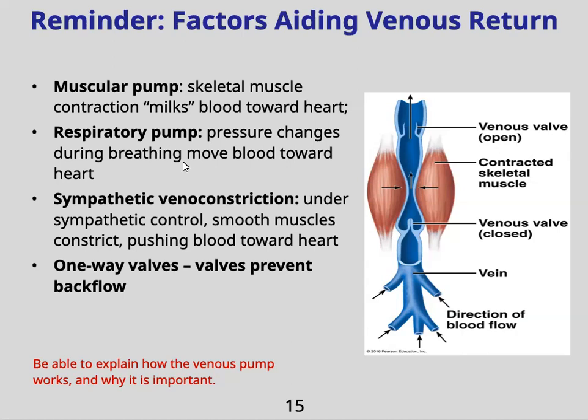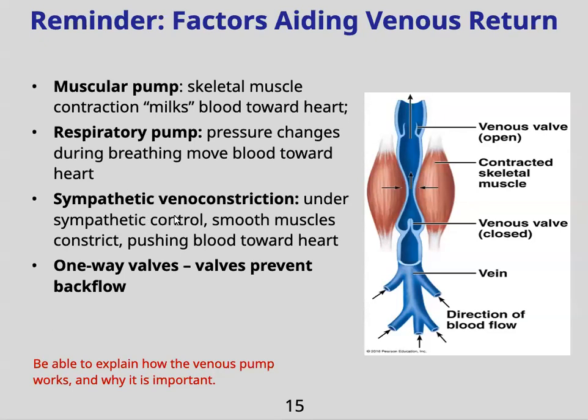And then we have the respiratory pump, which involves a drop of intrathoracic pressure during inspiration, causing pressure inside the right atrium to also drop. And then that basically increases the pressure gradient between the vena cava and right atrium, and helps increase the blood flow into the right atrium.